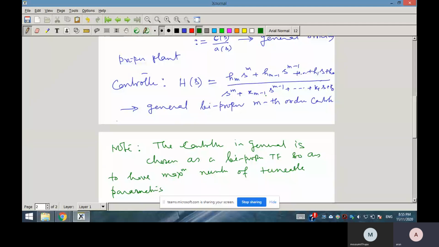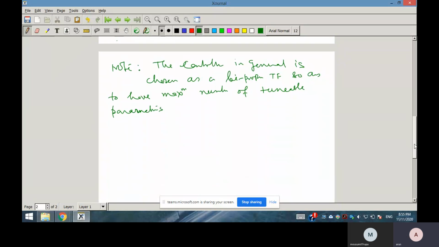But if you consider a biproper first order controller, then you will have three gains: (h_1 s plus h_0) divided by (s plus k_0). That means three gains. So this is the reason why I have considered a biproper controller here.